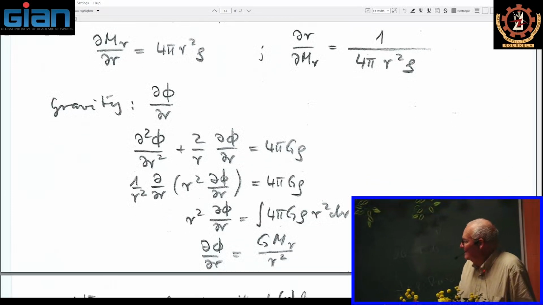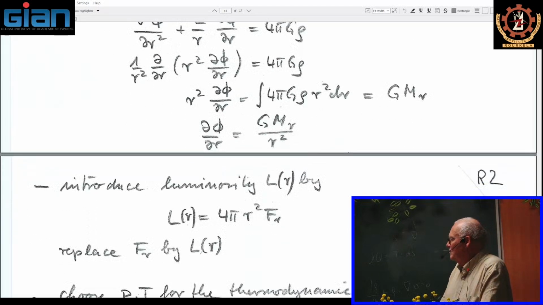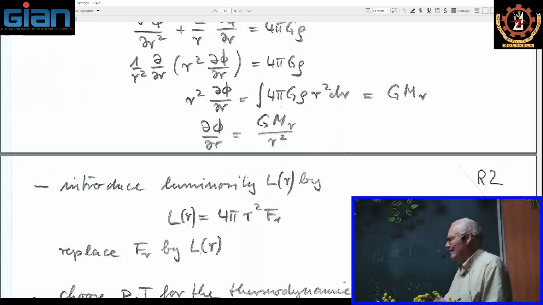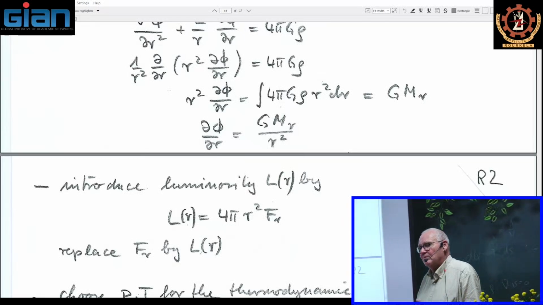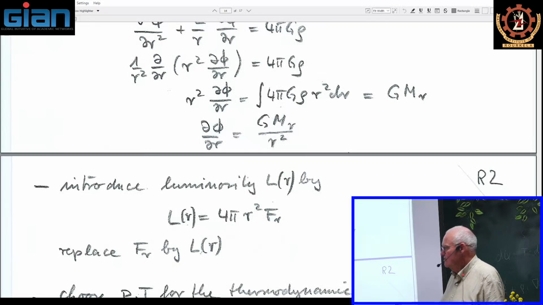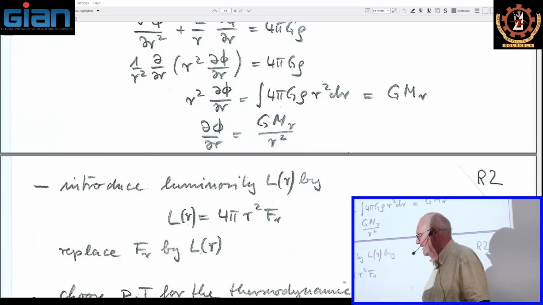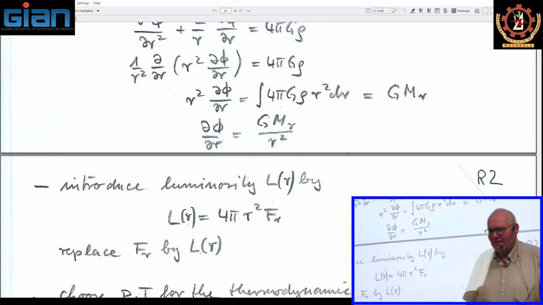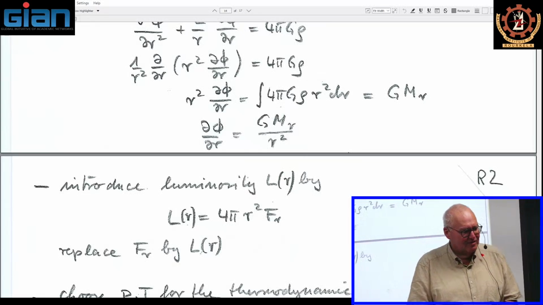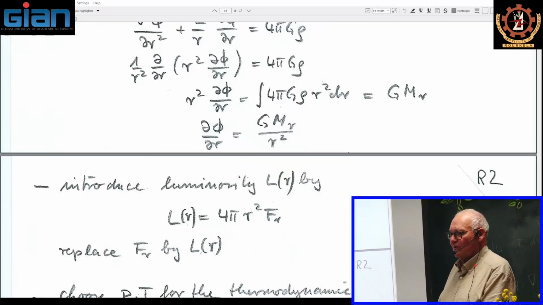Okay, so the next assumption: we go from the heat flux, which has only one component in the radial system, F theta and F phi are 0. There's only one component, which is the radial component of the flux, and replace it by the quantity which astronomers are used to, which is the luminosity.